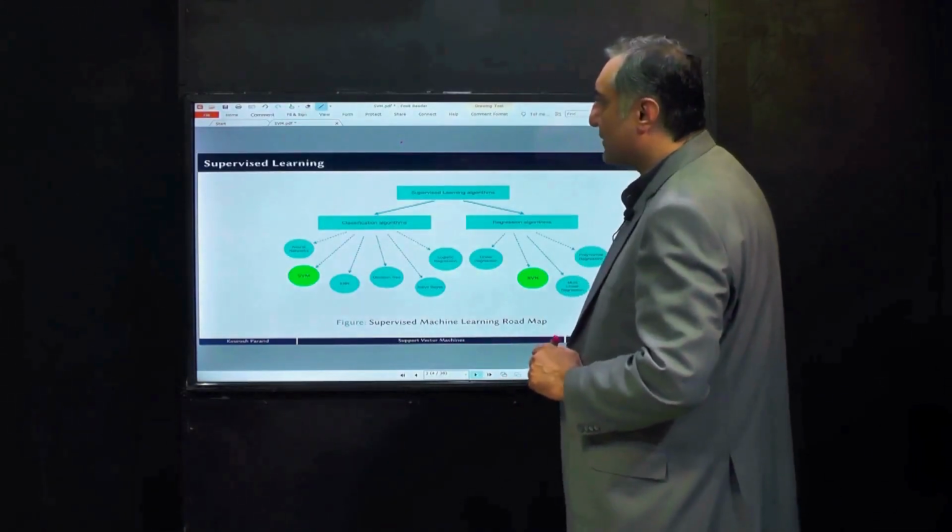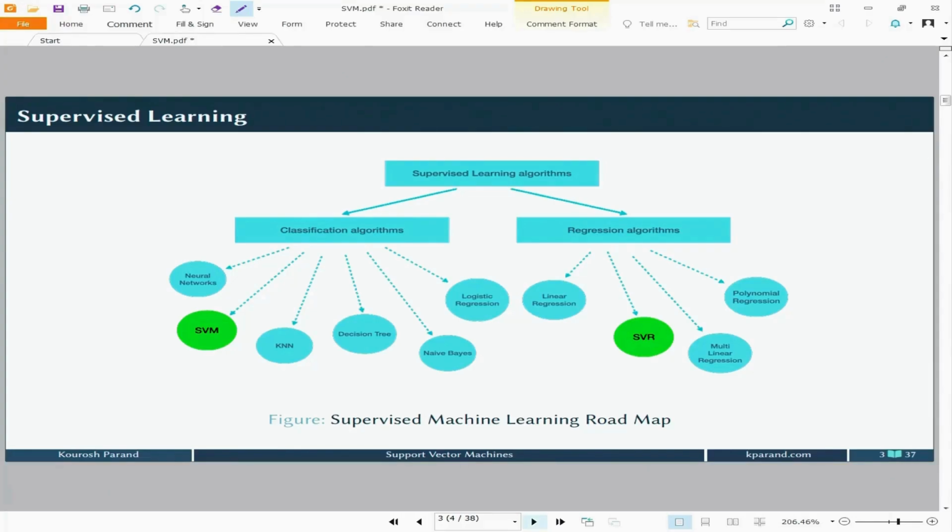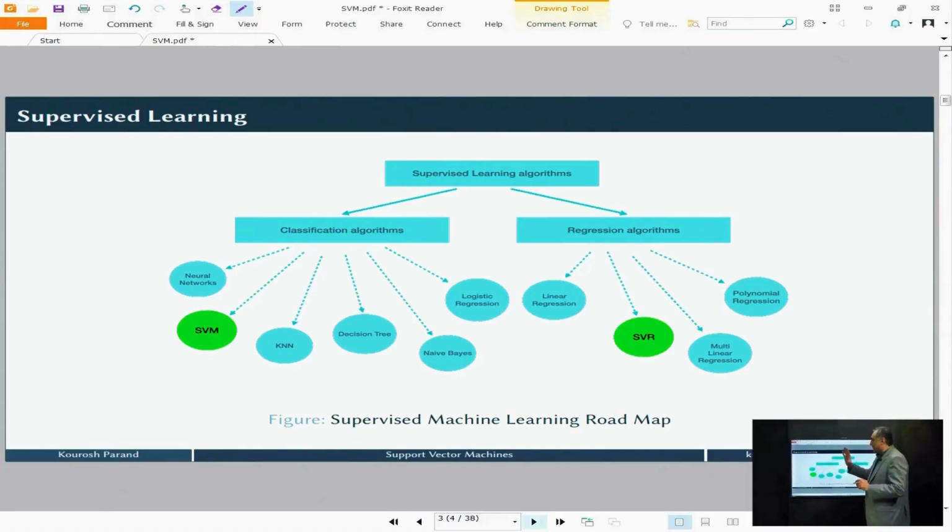The first part, which is very important and I also mentioned in previous sessions, is the discussion about various different approaches in machine learning. One of the approaches, which I explained before, is supervised learning.